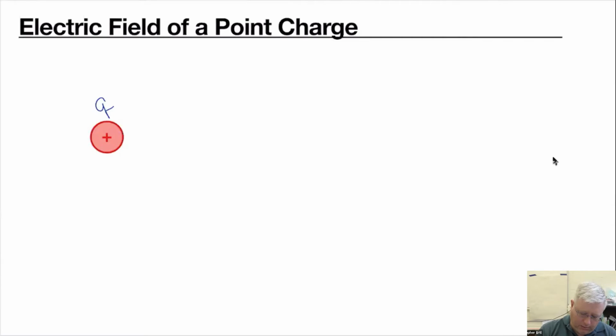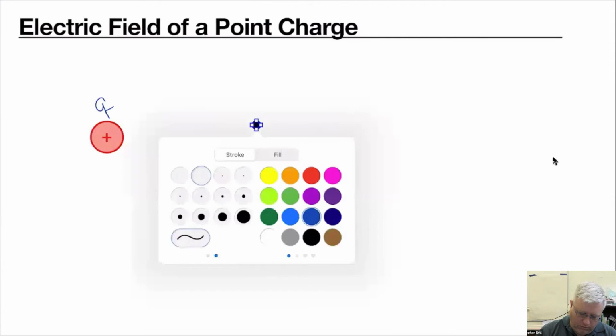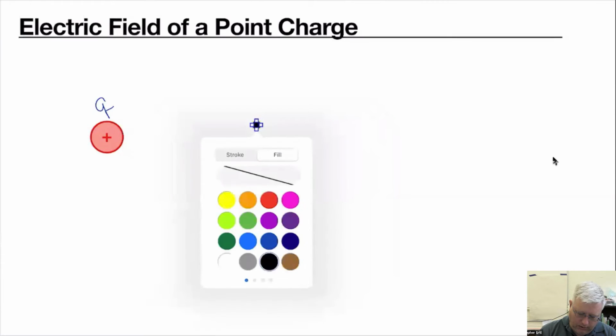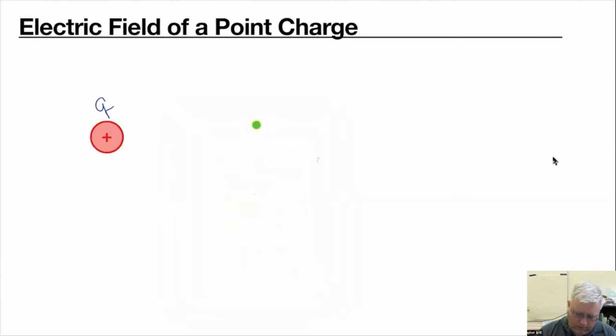So I'll put a little test charge there, in some color we can see. There's our test charge. Let's call it Q1 or Q prime, whatever we want. So we can find what the electric field strength is there.